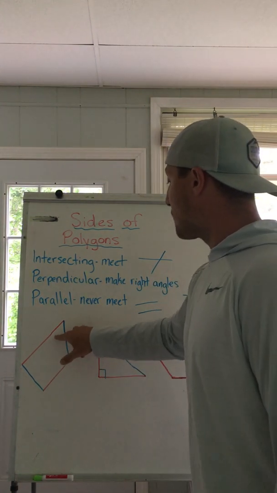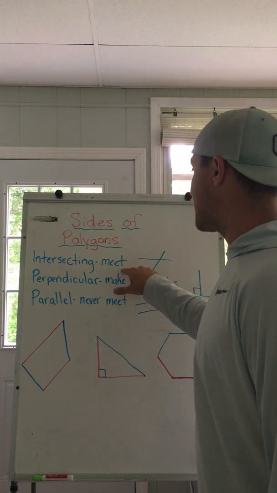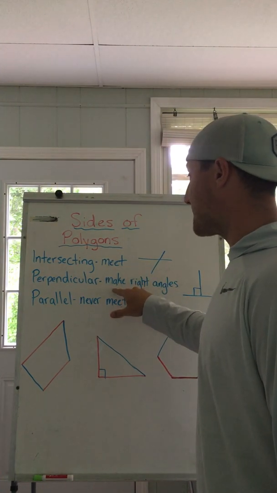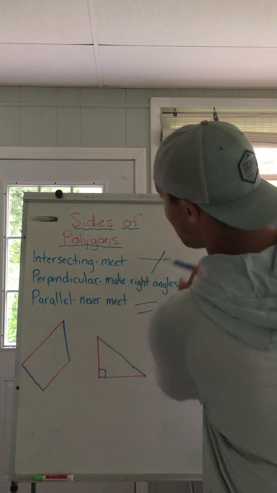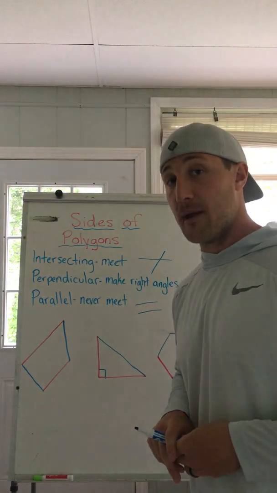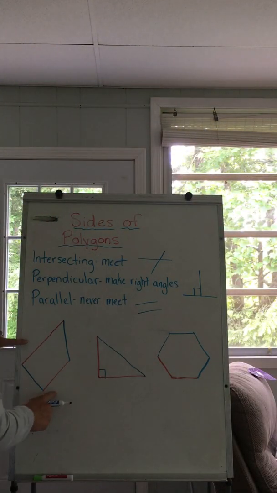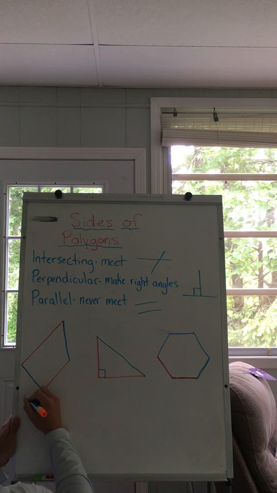And if I look at these red lines, the red lines on this quadrilateral, do they meet? No. If they meet, do they make right angles? Well, they don't meet. If they kept going on and on forever, would they ever meet? I don't think so. So these two red lines on this polygon right here, this quadrilateral, are parallel.